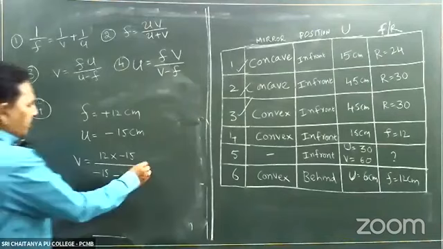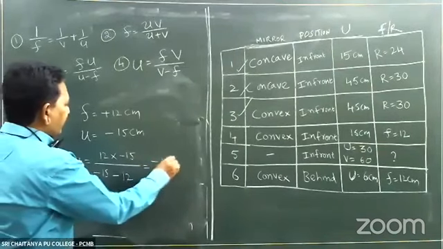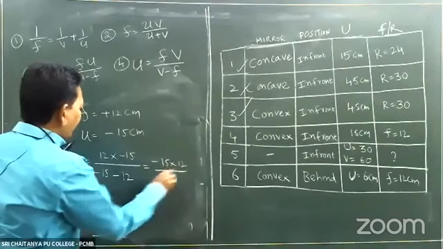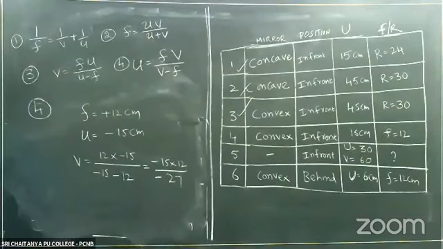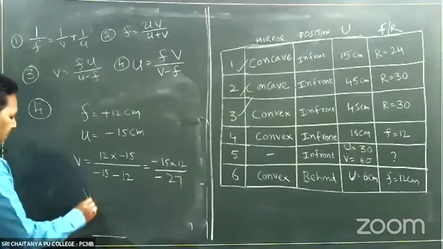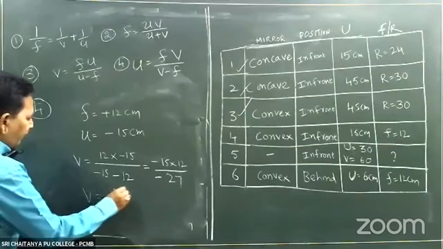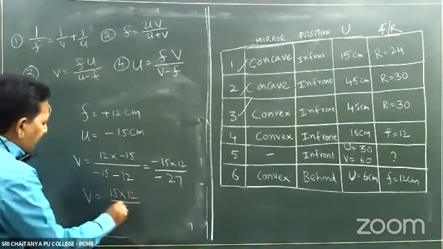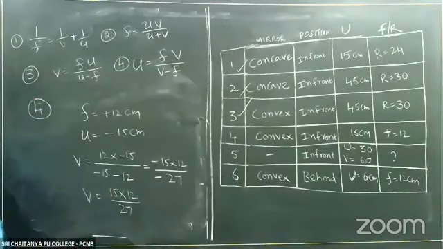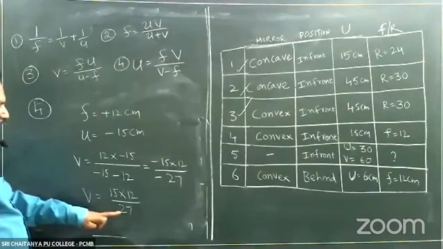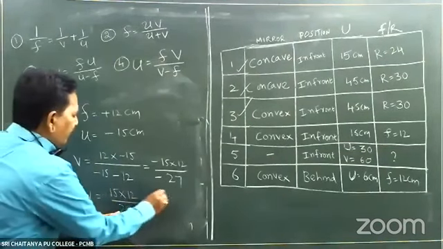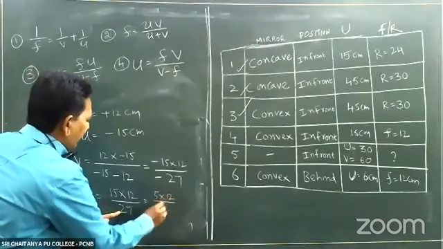This comes out to be minus 15 into 12 by minus 27. Minus cancels. So V is equal to 15 into 12 by 27. 3 fives are 15, 3 nines are 27, so 5 into 12 divided by 9.